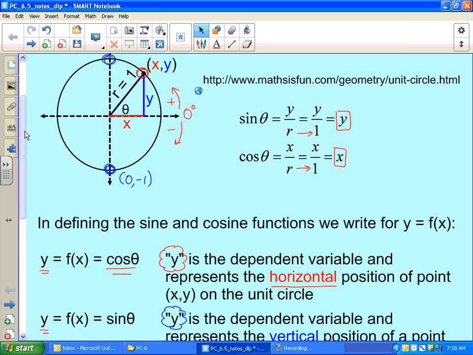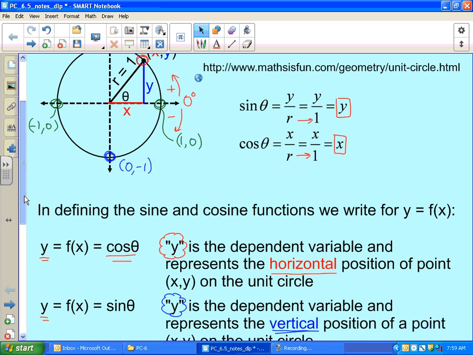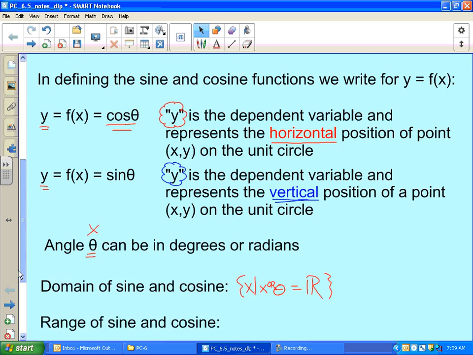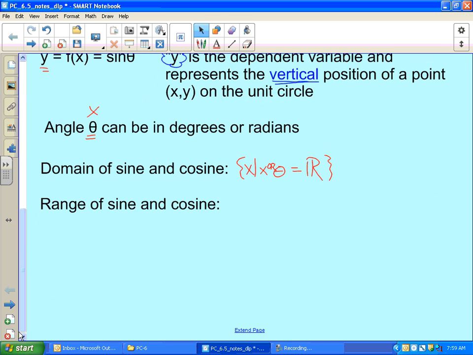What are the largest values that you would get for y equals cosine theta? Well, you get a 1 as the largest value of x, and you would get a negative 1 as the smallest value. So it appears that the range for cosine and sine both have a value between 1 and negative 1. And we'll, again, once we graph these things, take a look at that.